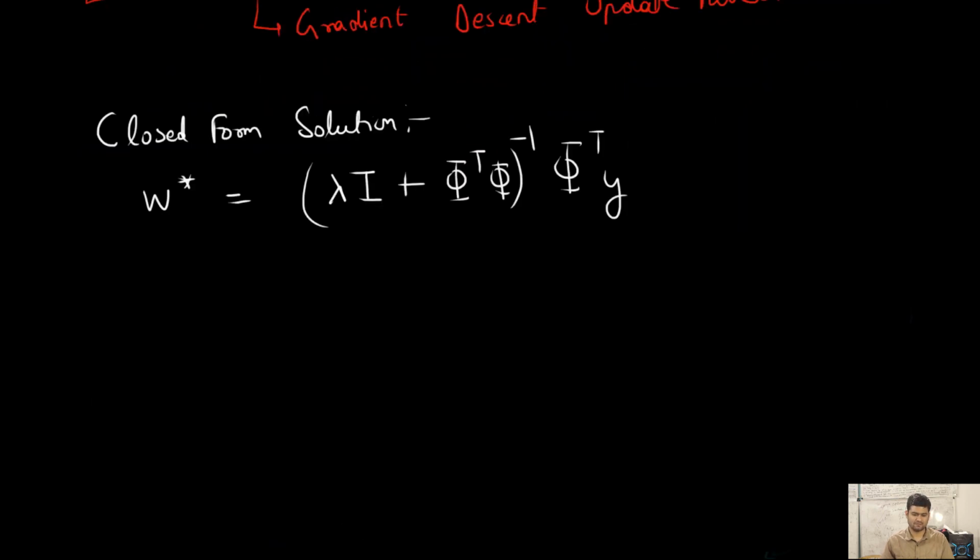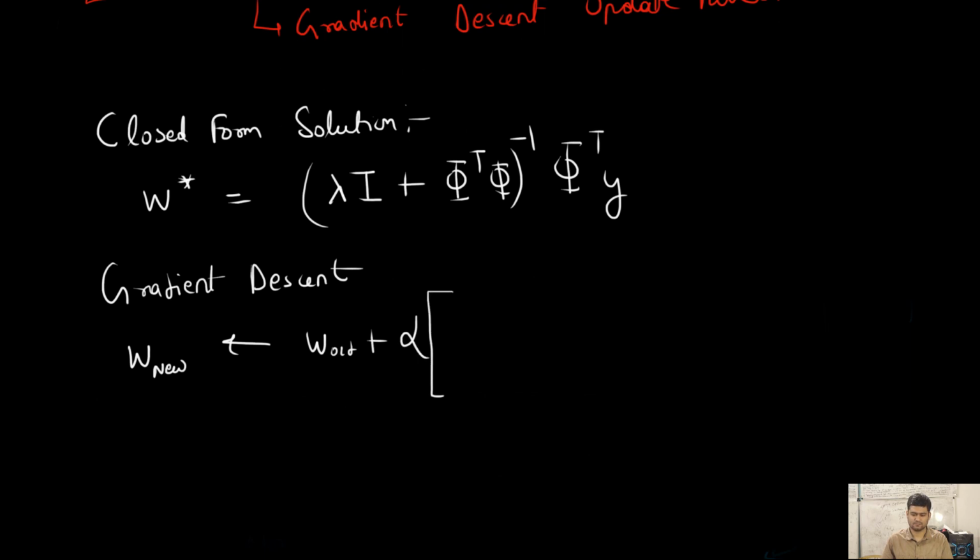And if we solve it using gradient descent, then we have an update rule as w new equals w old plus some learning rate alpha times (yi minus phi of xi transpose times w old) times phi of xi, minus lambda times w.